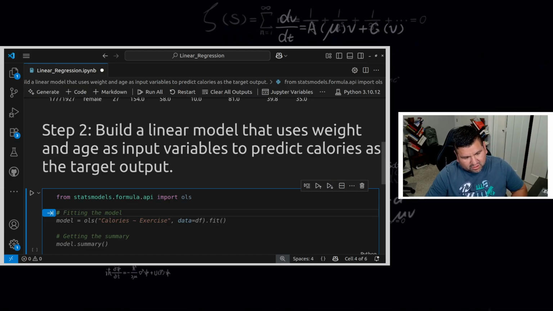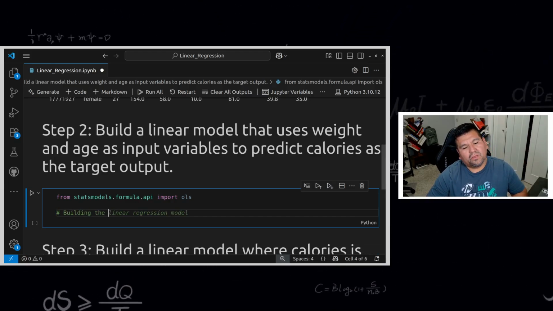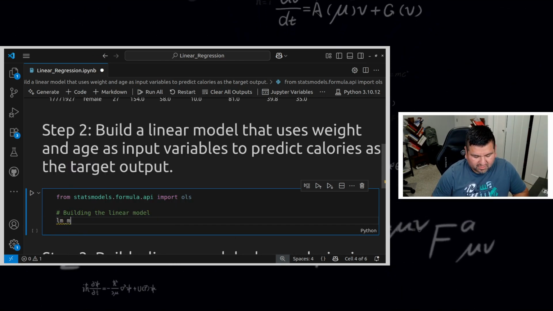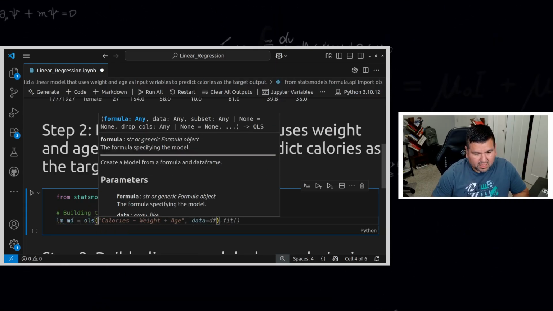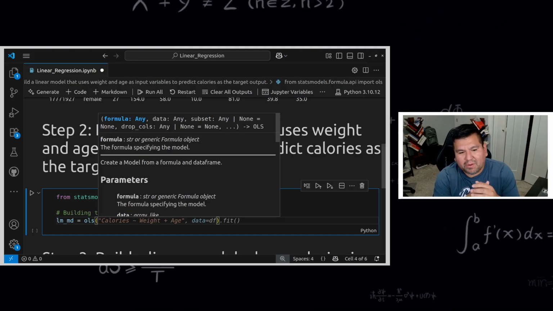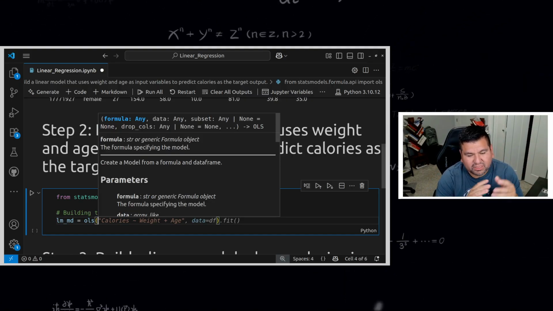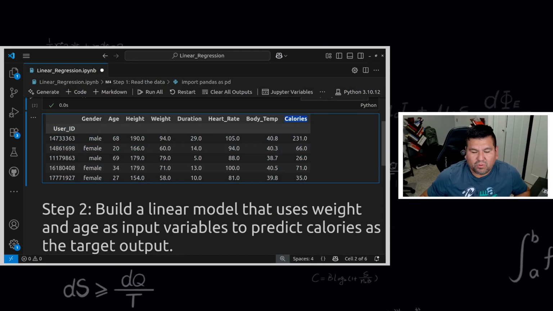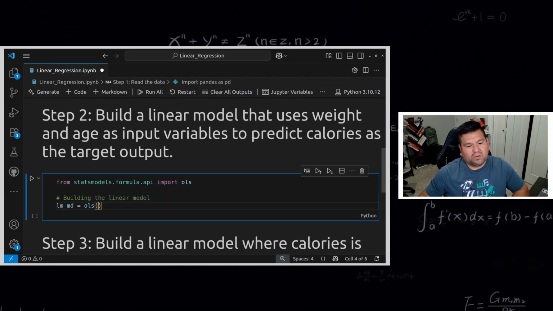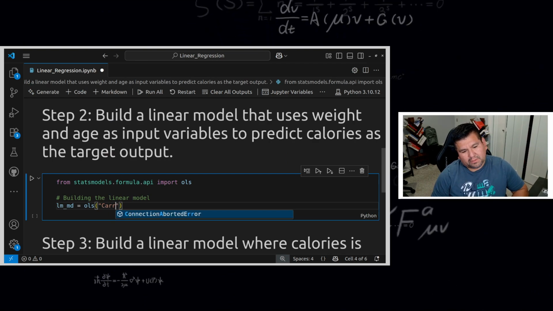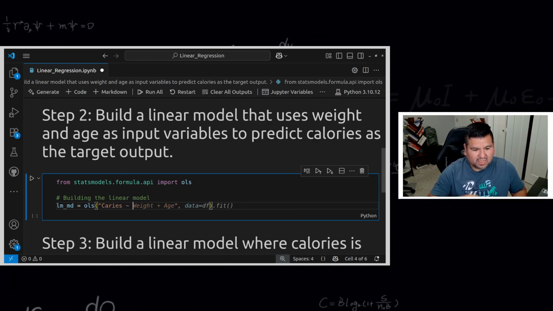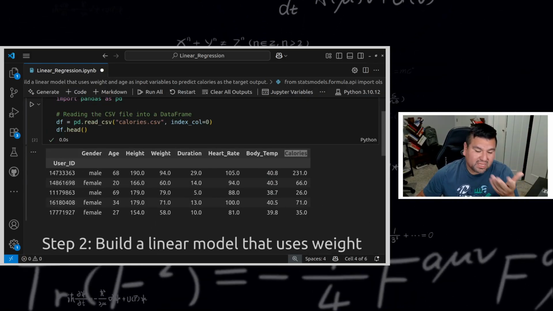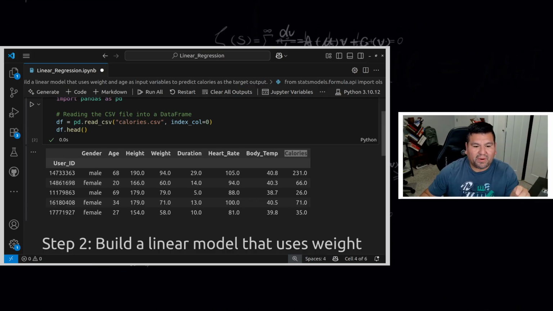All right, so here is the syntax. Here we're going to build the linear model. I like to use lmmd for linear model, then it's OLS. And the syntax, if you are familiar with R programming, is going to look very similar to R. First you need to enter the target variable, which in this case is calories with uppercase C. So in quotes we enter calories, then a tilde, and then after that we list the input variables that we want to use as input, separated with a plus sign.